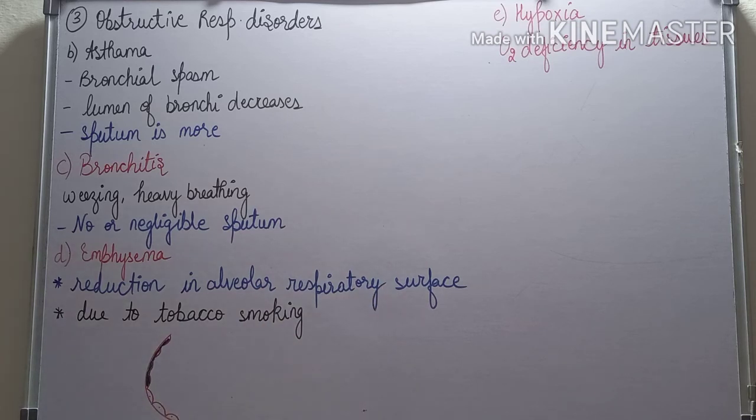Okay, so ultimately asthma and bronchitis are related to the bronchiole, that is reduction in size of bronchiole, whereas the emphysema is related with the reduction in alveolar respiratory surface, and this happens due to tobacco smoking. That is, in smokers it happens mostly.